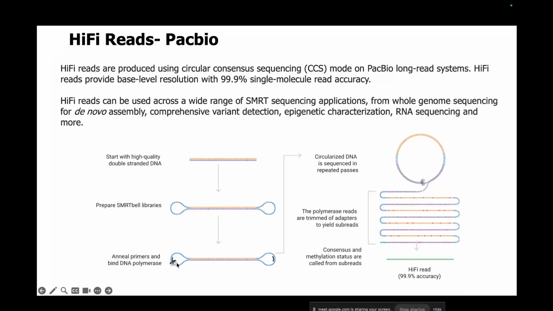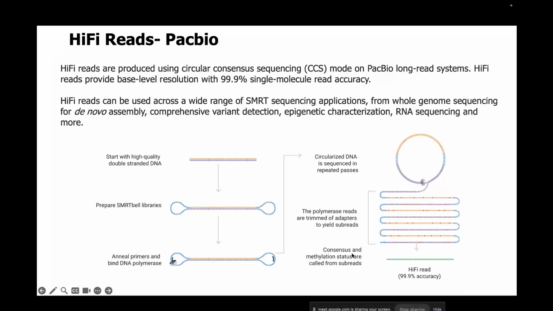Inside this, you add these primers, then you add the polymerase, and basically rip off the middle portion, and then it becomes circular DNA, right? So the circularized DNA is sequenced, repeated in passes, and the polymerase reads are trimmed of adapters to yield subreads.